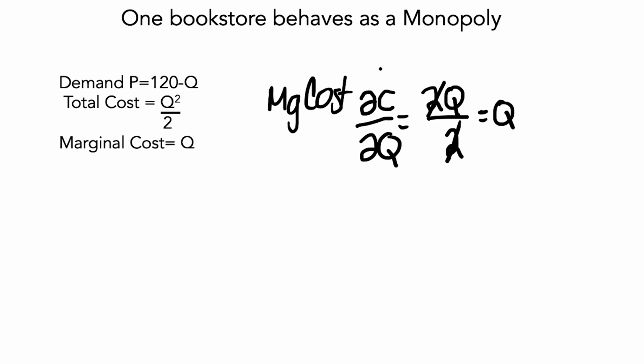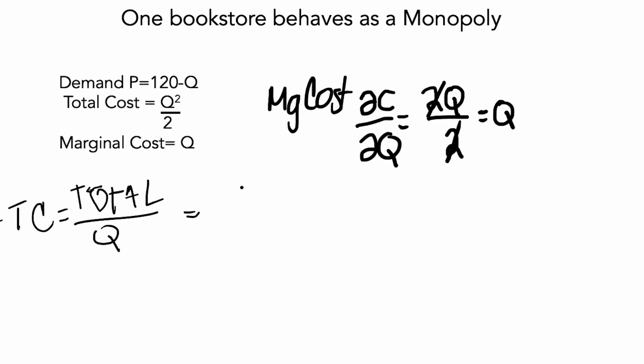There's another important concept to solve these problems. What is the average total cost? So the average total cost would be given by the total cost divided by Q, the average total cost.